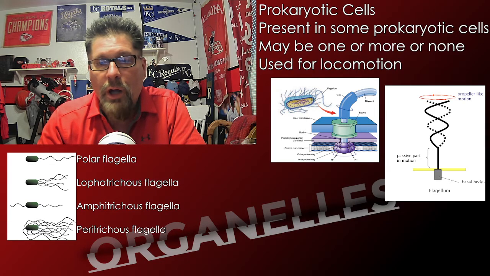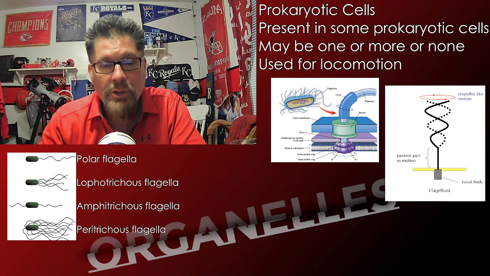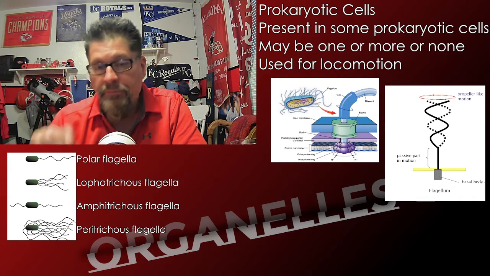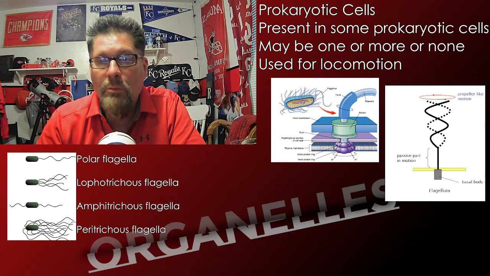If you have multiples, then you can not only turn to direct yourself in a particular direction, you can go in that direction at the same time. So it just gives them a lot more mobility, the more flagella that they have.